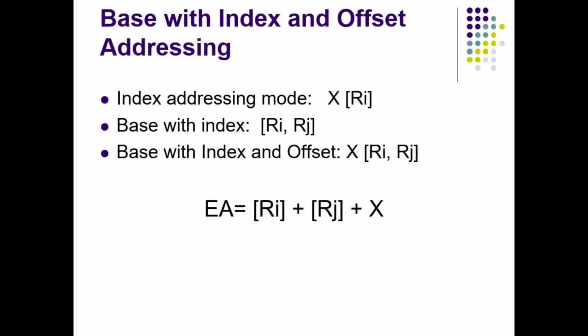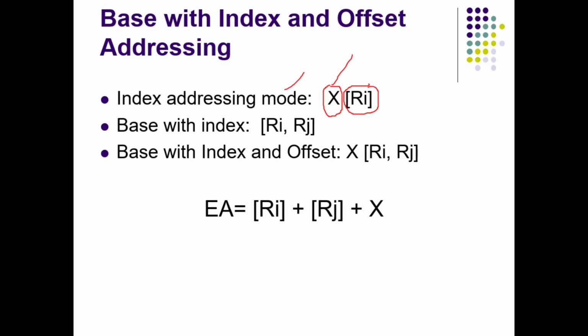So we studied index addressing mode and base with index addressing mode. Now we will study one more variation of index addressing mode called base with index and offset addressing mode. In index addressing mode we have seen that the content of a register is added to a constant value and the effective address is calculated.